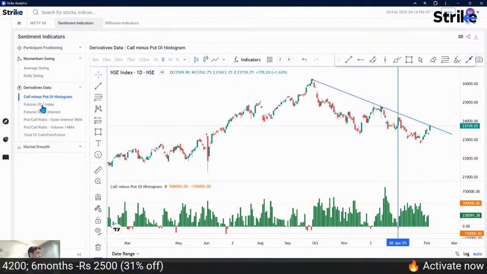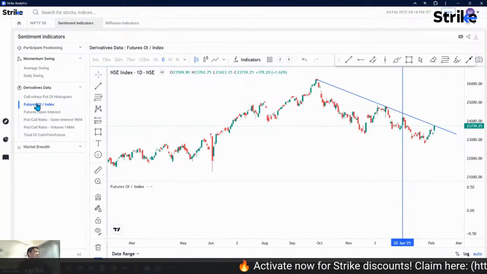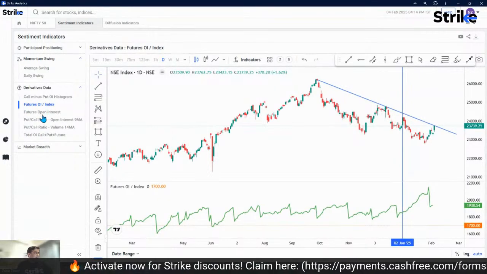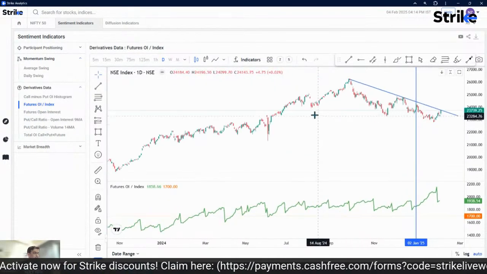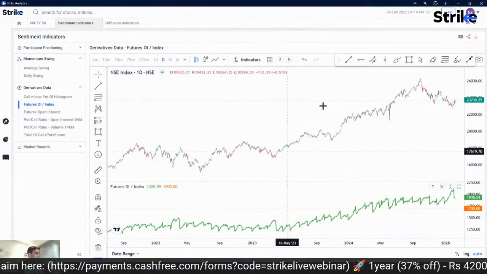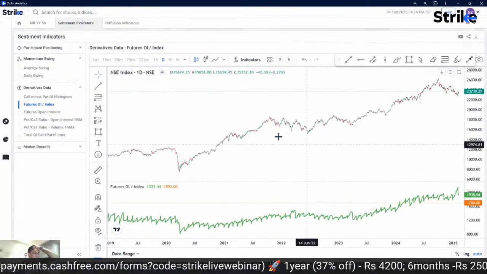Then we have futures OI divided by index. That is the Nifty, so we are dividing the futures OI by the index.